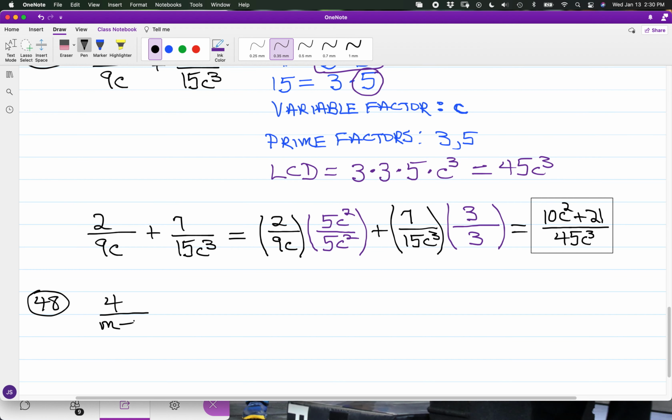We have 4 over m minus 2 minus 3 over m. The least common denominator will be the product of m and m minus 2. So we have m as its only standalone factor, and then we have the binomial m minus 2.